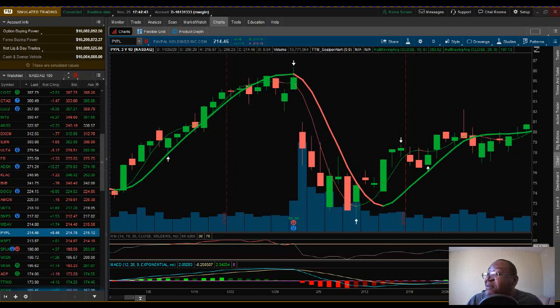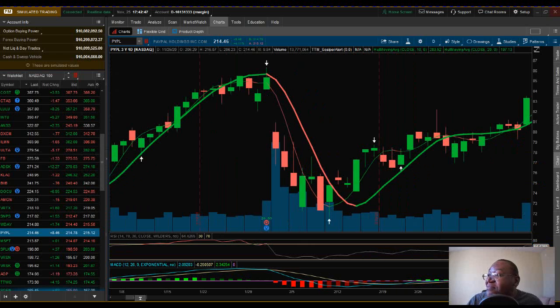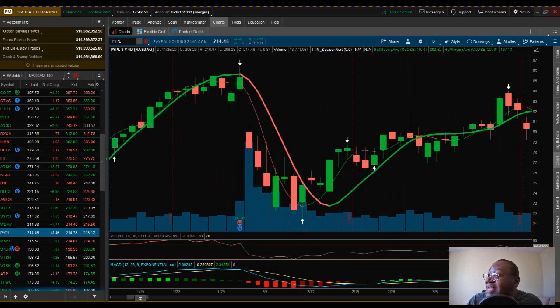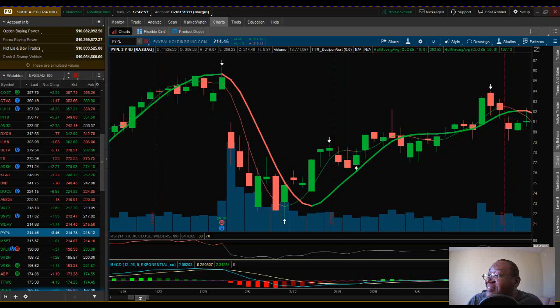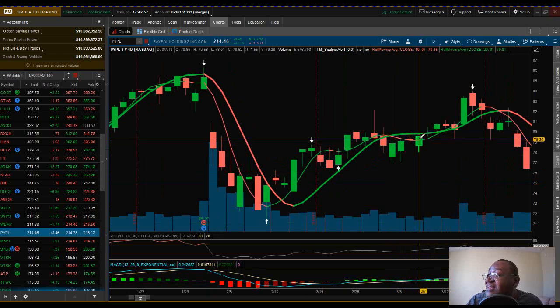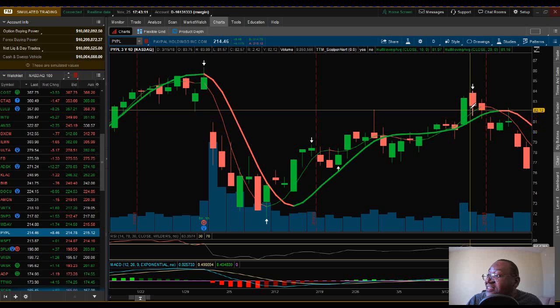Now let's keep moving along on this PayPal stock, moving one day at a time. Look at how it works. Let's say you came in over here when the 10 said that this is going on a short little bullish. Look at that. You just made so much money.